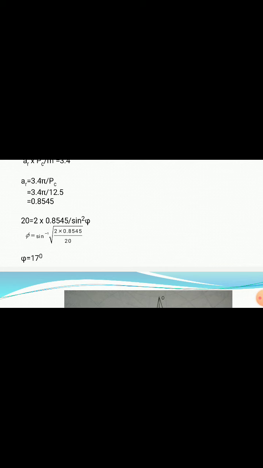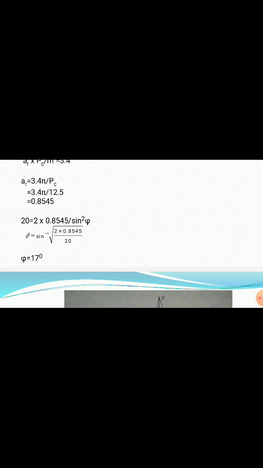Now the remaining asked quantity is to find out the contact ratio. The contact ratio is equal to arc of contact divided by circular pitch. Now arc of contact is equal to path of contact divided by cos phi.